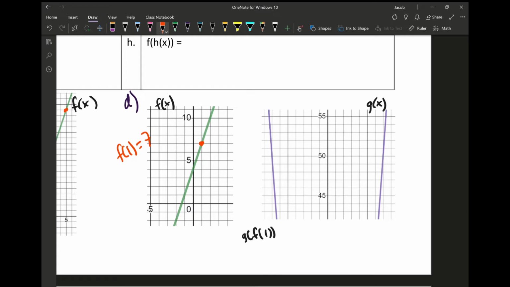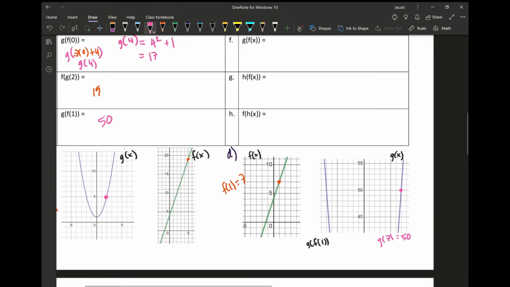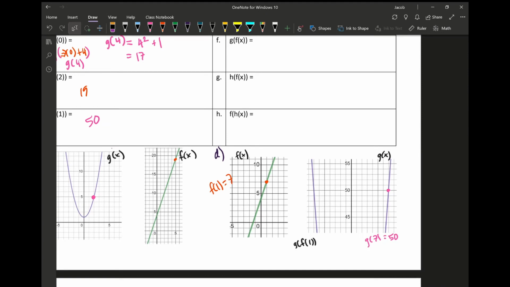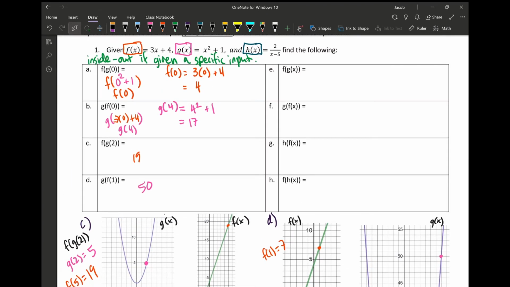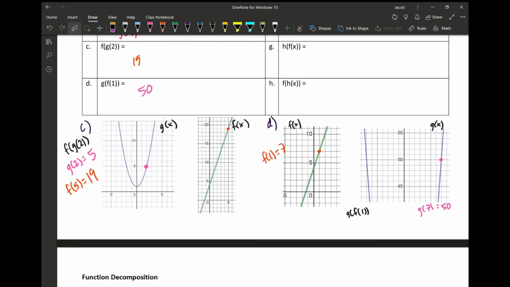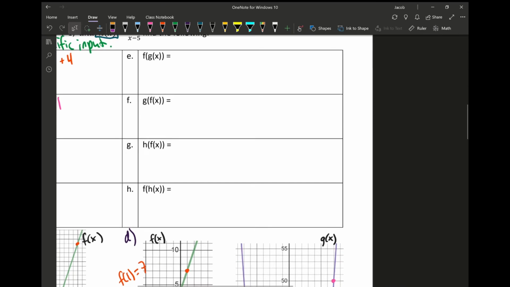And what is g of 7? Because I'm using 7 as my input for g now. G of 7 is 50. Awesome. So we can find those values from graphs if we use them as well. You're welcome to do those algebraically if you're given the equations, but if we're not given the equations, then we can solve them with graphs.